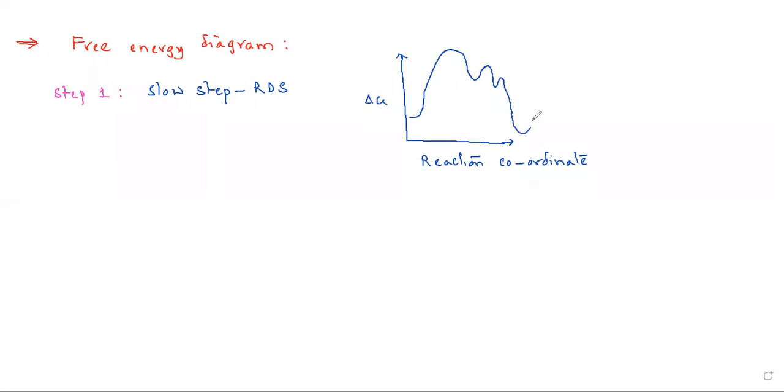This is for the first step, the first transition state, the one with the largest energy barrier.